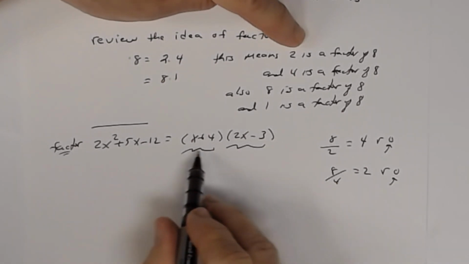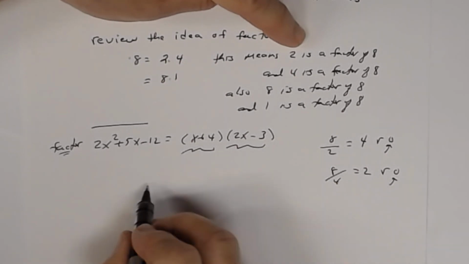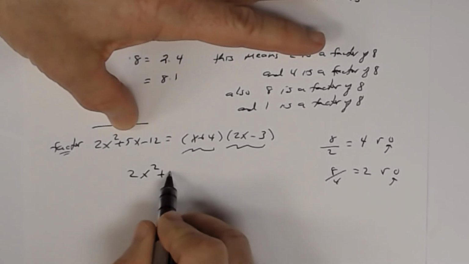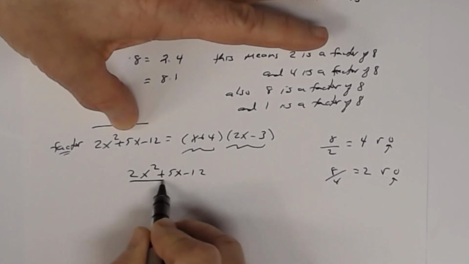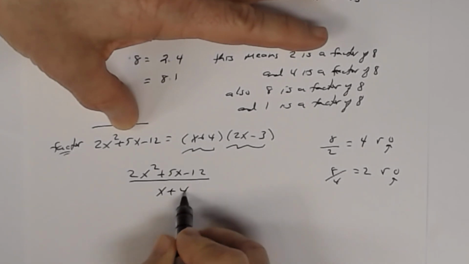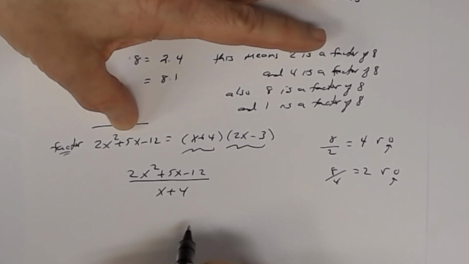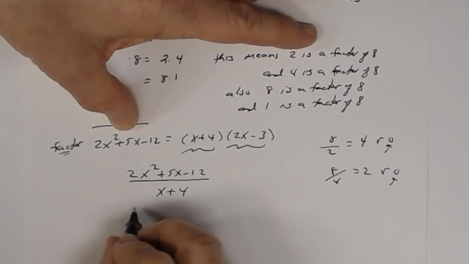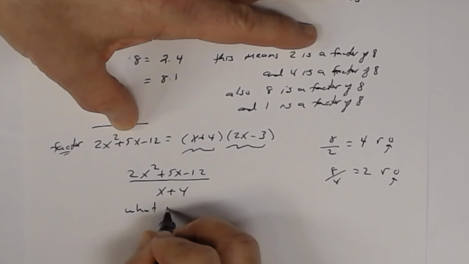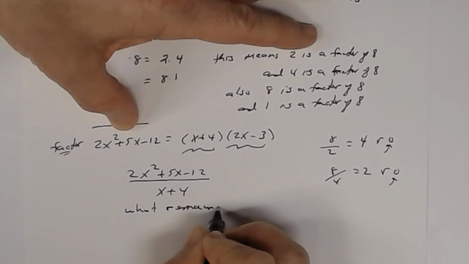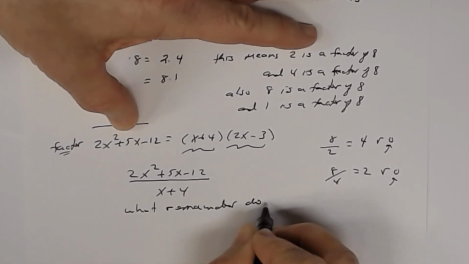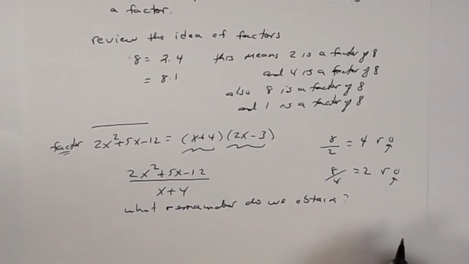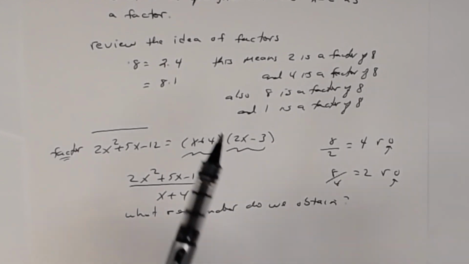So the idea also applies with polynomials. If I take this polynomial 2x squared plus 5x minus 12 and divide it by x plus 4, what remainder do we obtain?